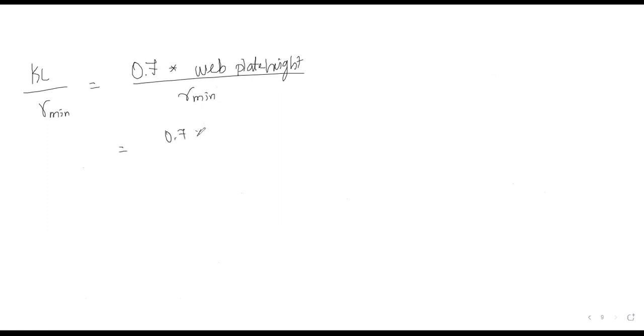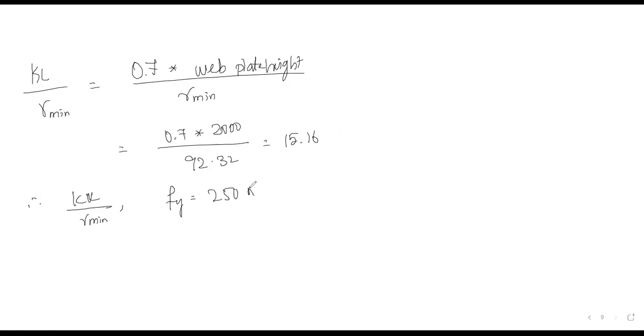So 0.7 into 2000, the web plate height, and r minimum value is 92.32. So 0.7 into 2000 divided by 92.32 becomes 15.16.